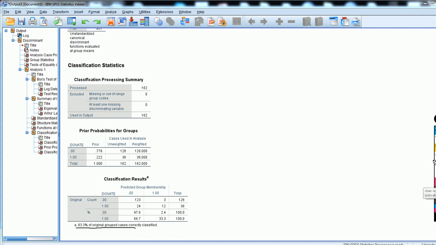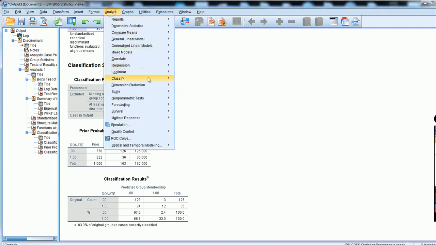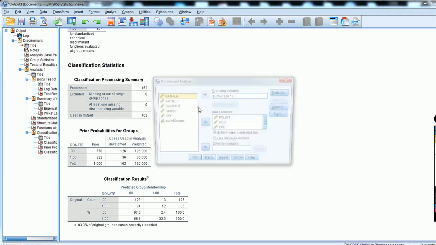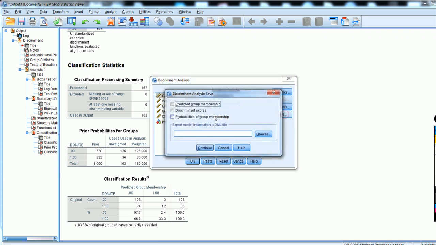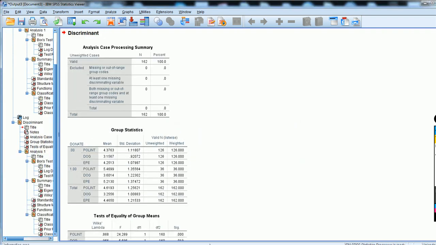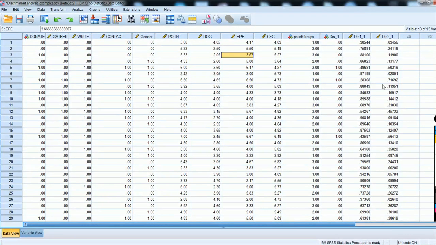Like I said, in fact, let me just go back and highlight, if I go to classify, discriminant, and I'll just save it and generate this information here. When looking at my SPSS file, you can see that up here we've got predicted group memberships, and then probabilities of membership in group 0 for analysis 1, and then probabilities of membership in group 1.